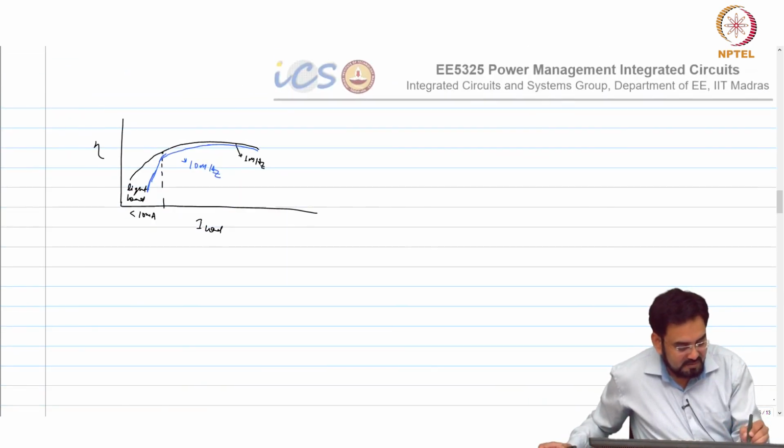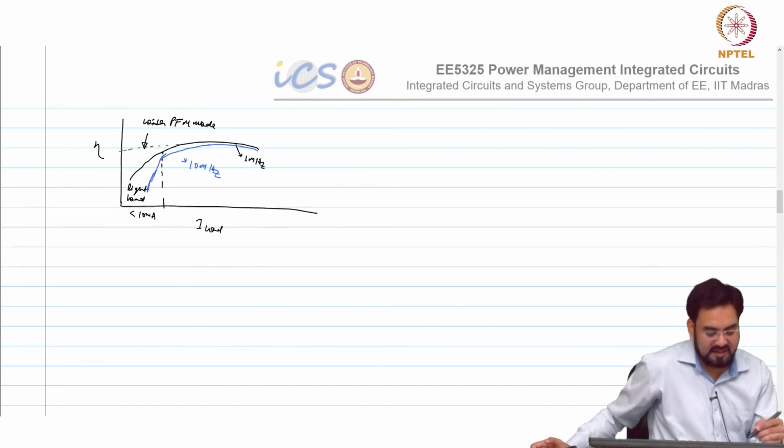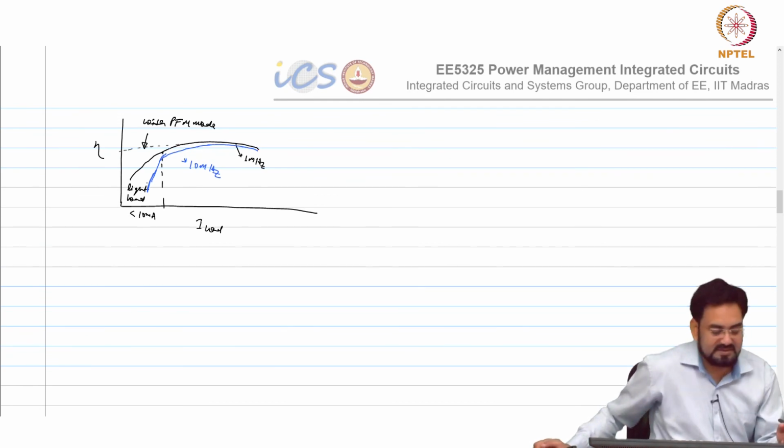Once you have a PFM mode, you will maintain very high efficiency even at light load because you will start reducing the switching frequency.